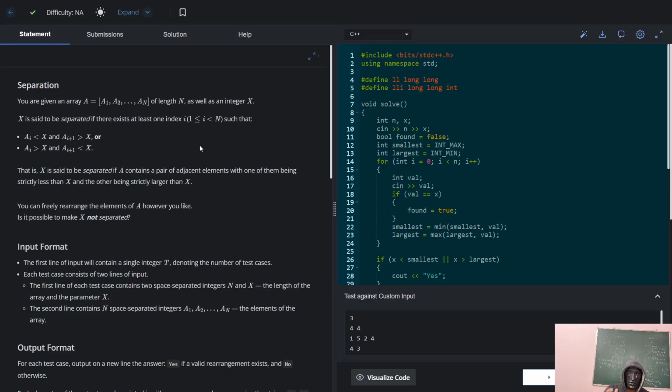You have certain elements, and if you sort them, it will be either increasing or decreasing. But when you try to make arrangements in such a way that it is a zigzag, there will always be a point in the zigzag, when you have a slope, where you will have x in between, right?